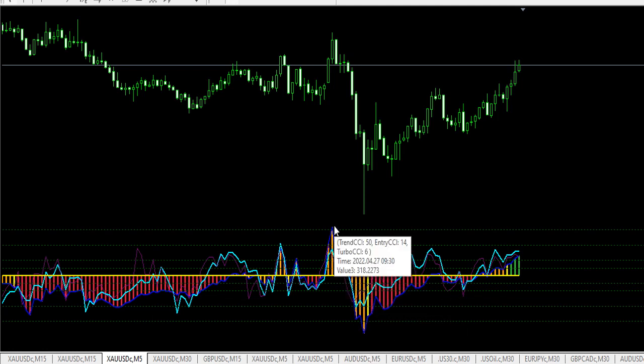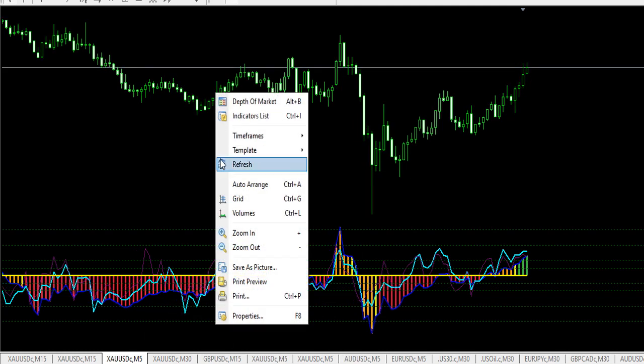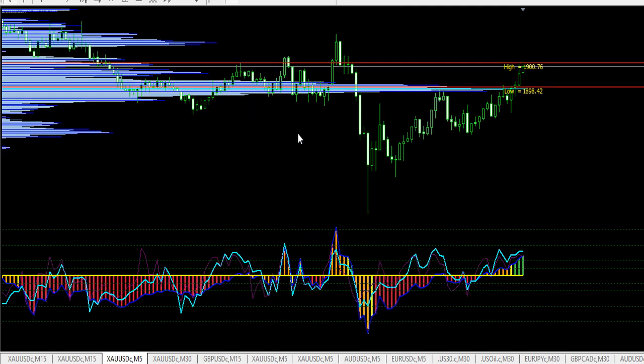The CCI has zero lines, and 50, 100, 200, and 300, and the minus ones. So it is also for scalping. I will explain later, and I will compare which one is the best for the trader.